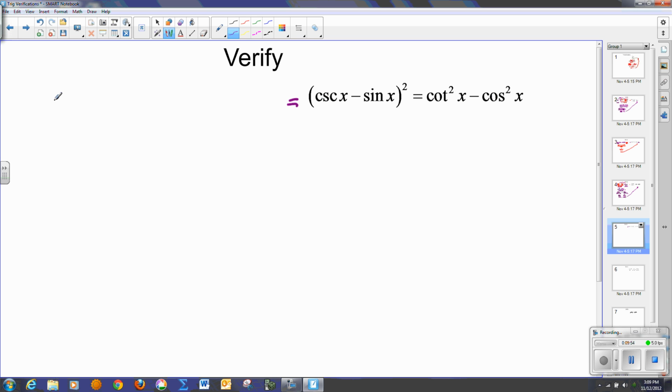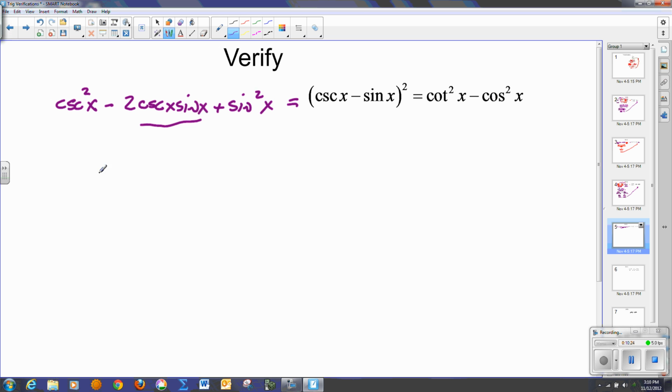I'm going to FOIL this out. So this is cosecant squared of x minus 2 cosecant of x sine of x plus sine squared of x. Now, you'll notice here, cosecant times sine, that's like a term and its reciprocal.